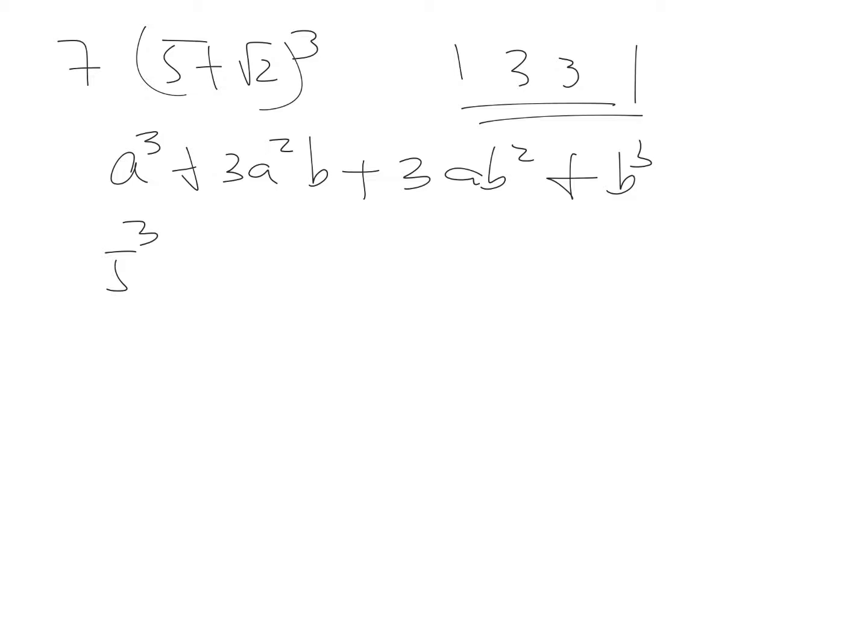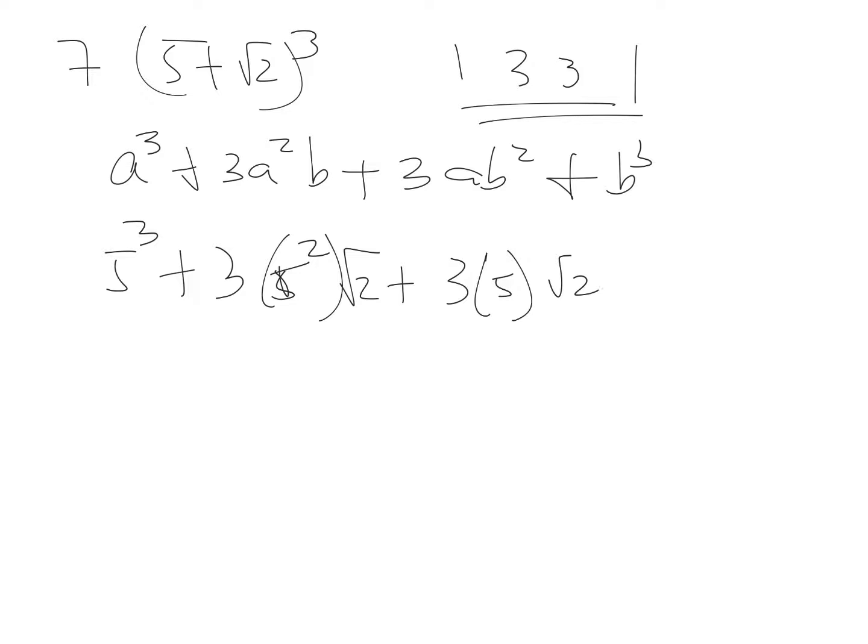So that would be 5 cubed plus 3 times 5 squared times root 2 plus 3 times 5 times root 2 squared plus root 2 cubed.